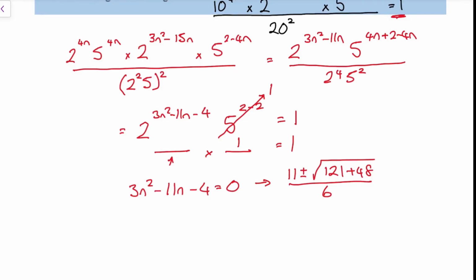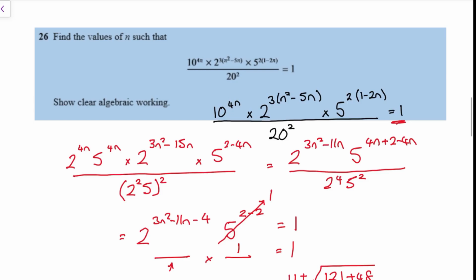So again, I'm feeling like I'm doing the right thing. It doesn't mean I am, but I'm definitely feeling a little bit better. So my solution is going to be 11 plus 13 over 6 and 11 minus 13 over 6, which go down to 11 plus 13 is 24 divided by 6 is 4, and 11 minus 13 is minus 2 divided by 6 is minus a third.